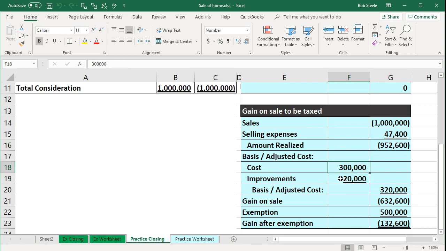If it was business property, we would depreciate or allocate that cost over the life of the property. Now, because it's personal, we don't do that. We don't allocate the cost over the price, so we're not getting any tax benefit for the depreciation or the allocation of the cost because it's a personal house that we used.